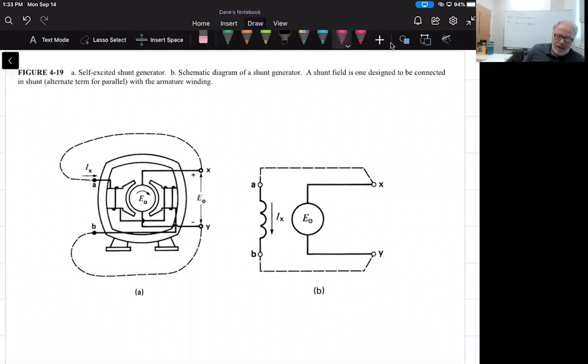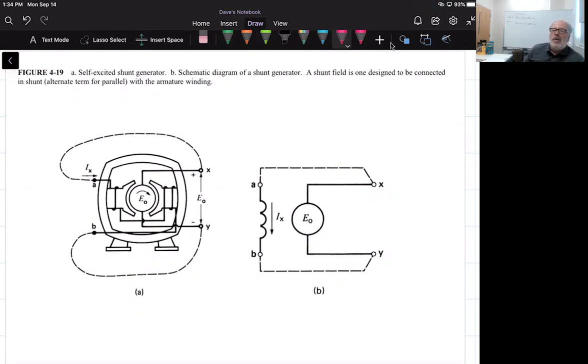What we're seeing here in Figure 4-19 is what's called a self-excited shunt generator. Up to this point, we had talked about the separately excited generator. It's simpler to understand, so when we're trying to learn other things, we don't focus so much on the field.